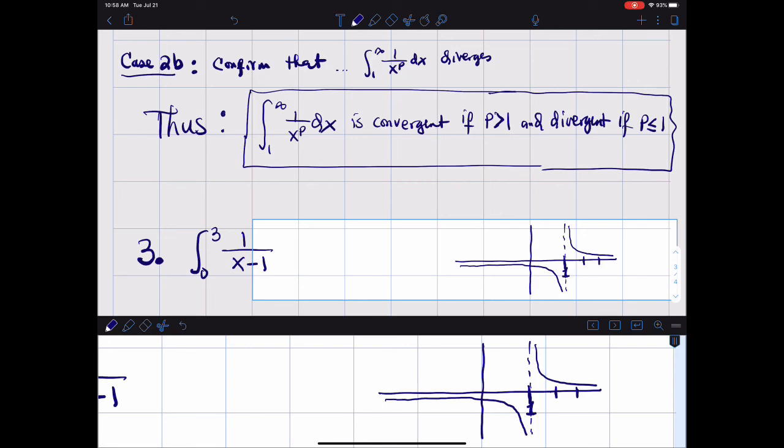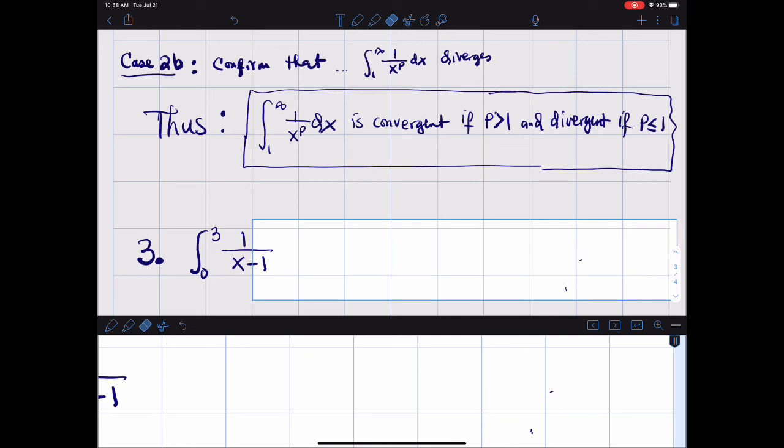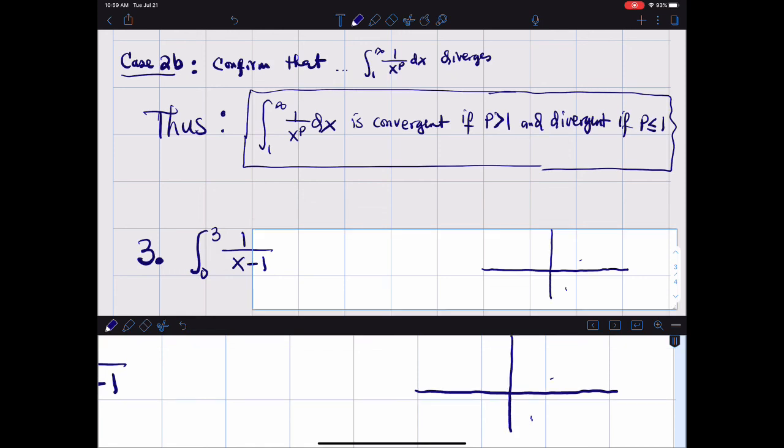So you're going from 0. Let me draw this to scale. Okay, so this is 1, 2, 3. And we're going from 0 to 3.